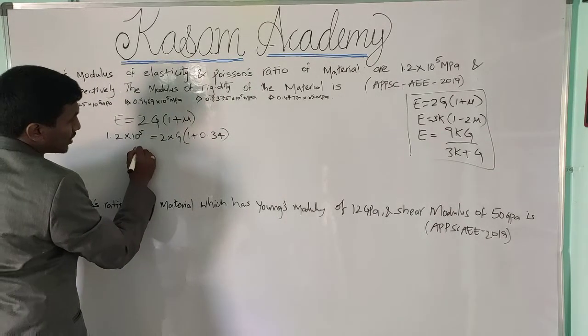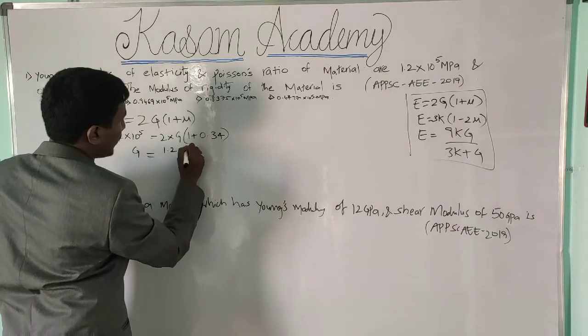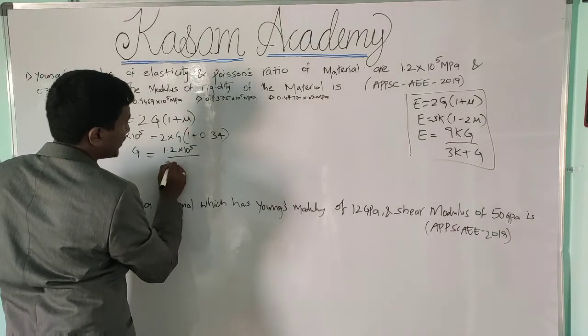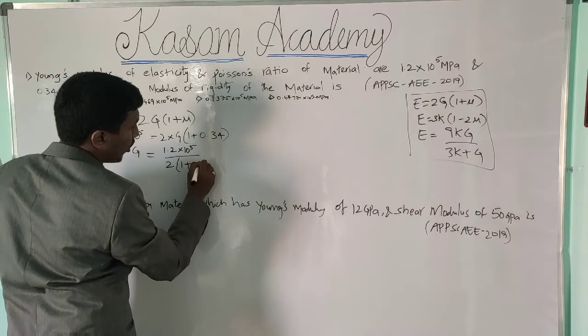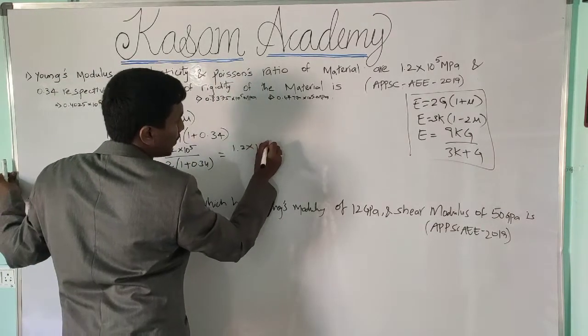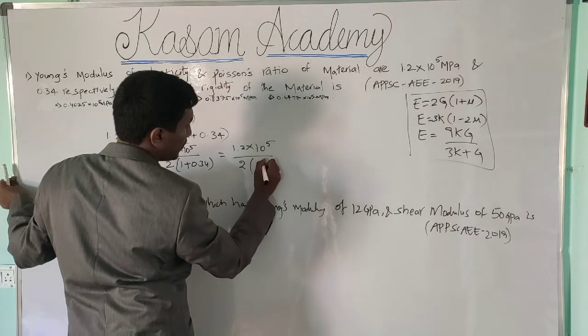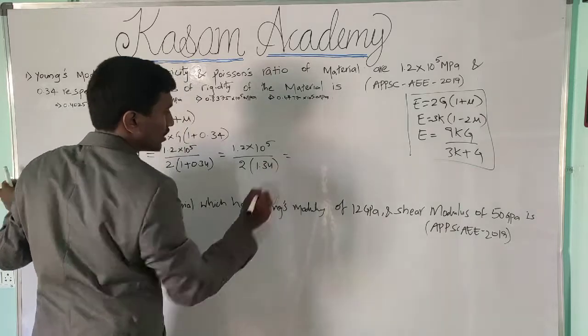Here G equals 1.2 into 10 power 5 divided by 2 into (1 plus 0.34). This is 1.2 into 10 power 5 divided by 2 into 1.34.